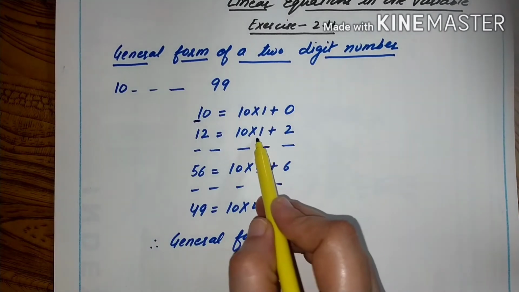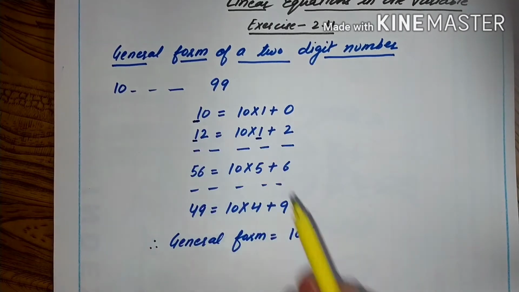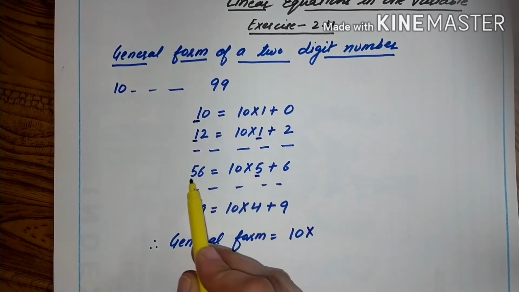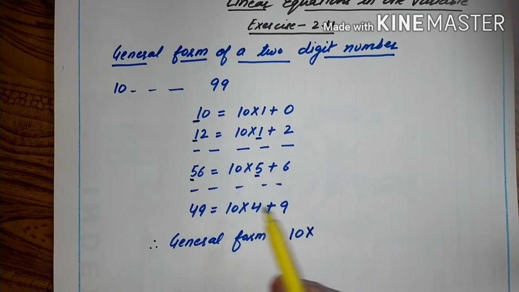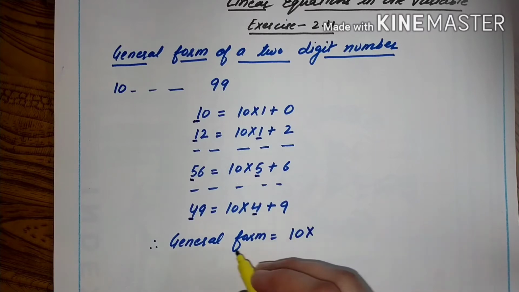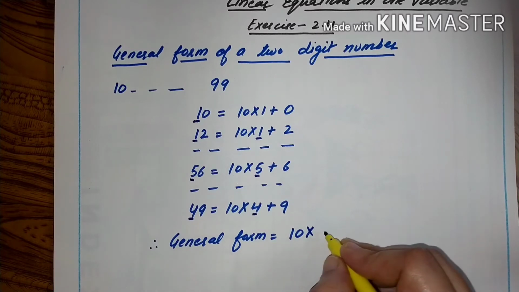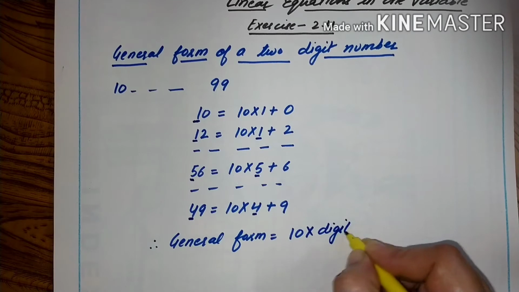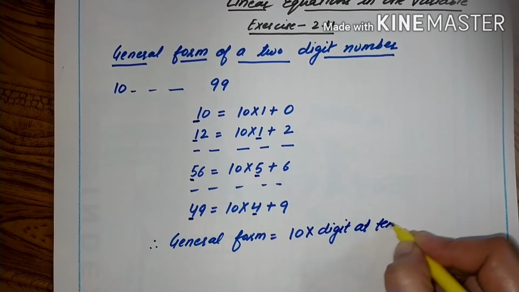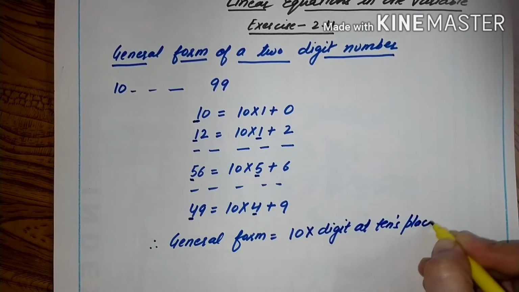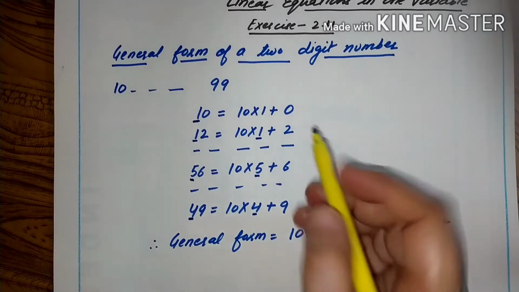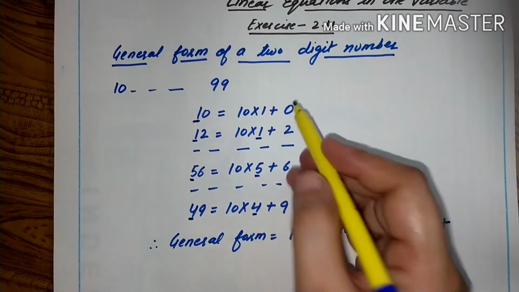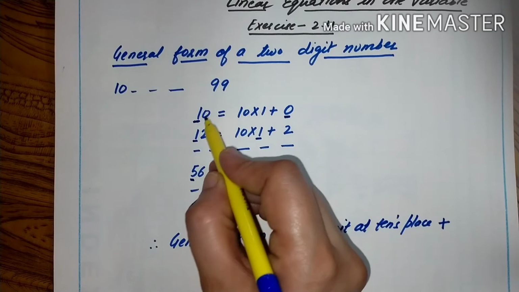Then again see, 1 is also tens place. Here 5 is also the tens place of the number. 4 is also the tens place of the number. So with 10, what will be multiplied? Digit at tens place. And what is being added here? See, 0 is what?